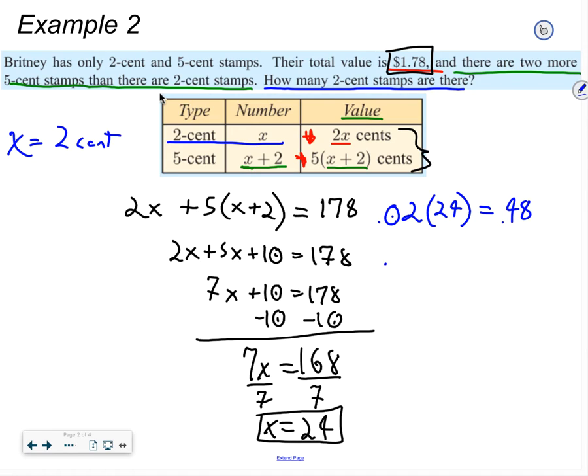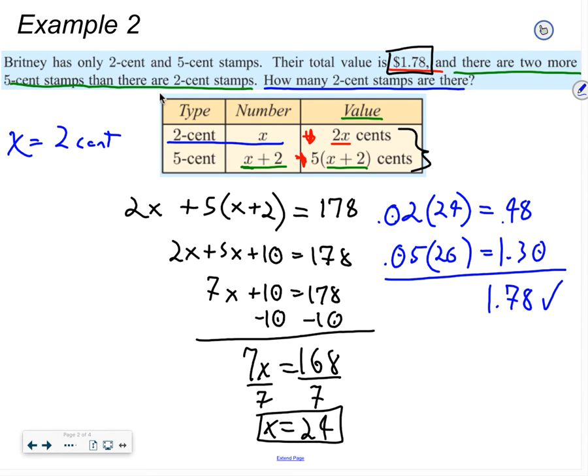In my 5-cent pieces, I know that I'm going to have 2 more of those, so I'm going to have 26. And if I have 26 5-cent pieces, that's going to account for $1.30. Those added up together is 178. I've checked and verified my solution.